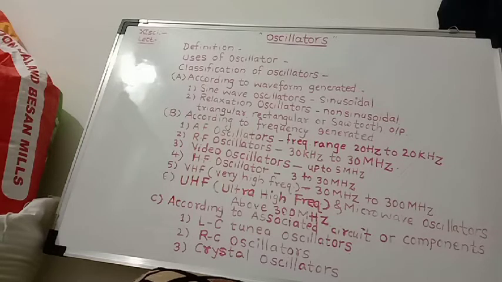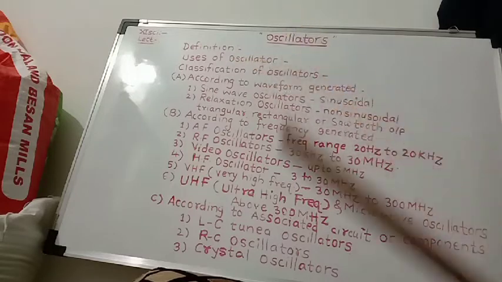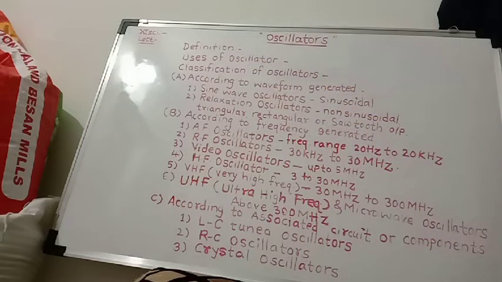Now, what are the uses of oscillators? Audio signal generators, or oscillators, are used for testing the performance of stereo amplifiers and other devices which operate in the AF range.